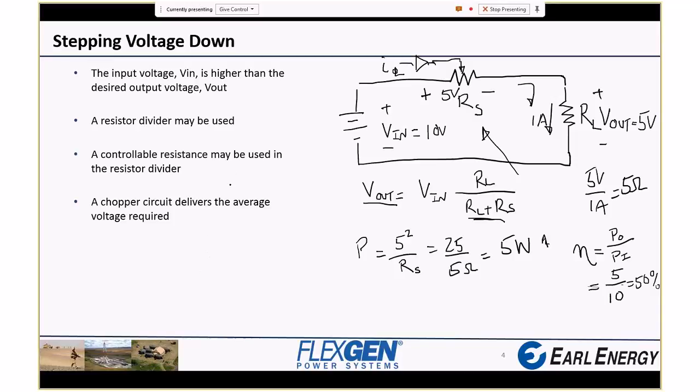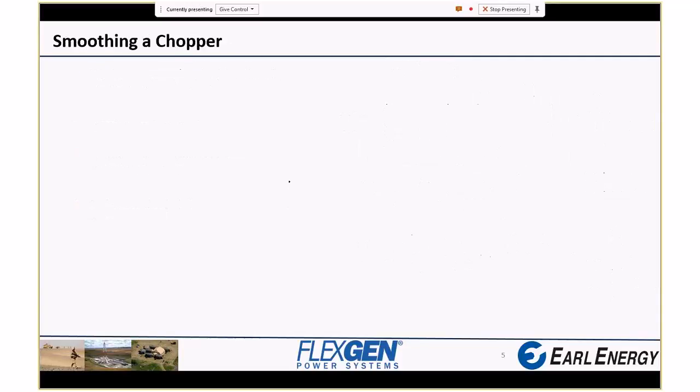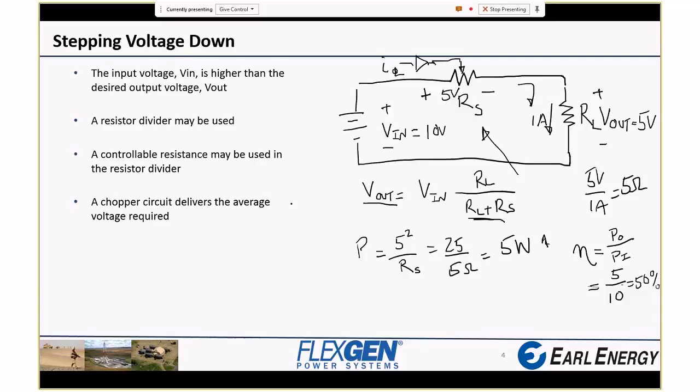So, another way we can come at this, let me see how far I went with this. Okay. A chopper circuit, and this is why we're talking about an ideal switch. Instead of this resistor, what we can do is we take our same input, we replace the resistor with an ideal switch, and our load is as it ever was.